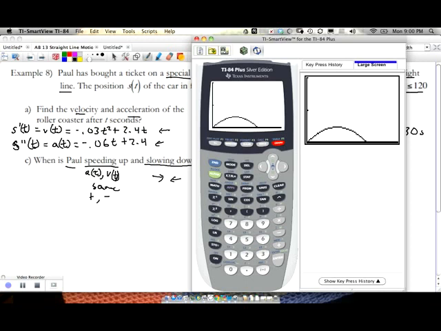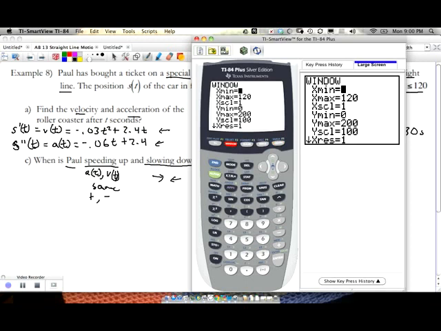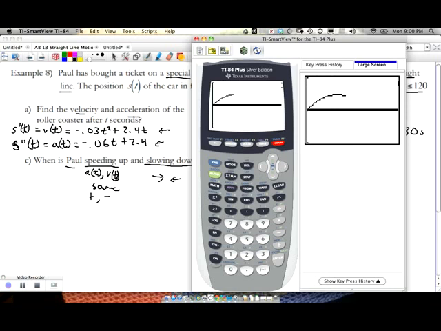Okay, so I got a lot of stuff happening there. It looks like I need to look at some of the negatives too. So first, my y maximum, let's go up to 100. My y minimum, let's go to negative 100. Let's see what we have now. We got one of those going up, then that other one's really close to 0.